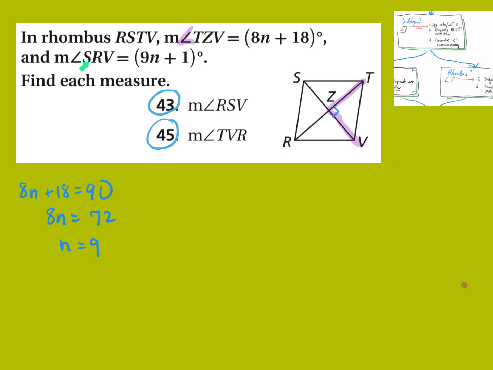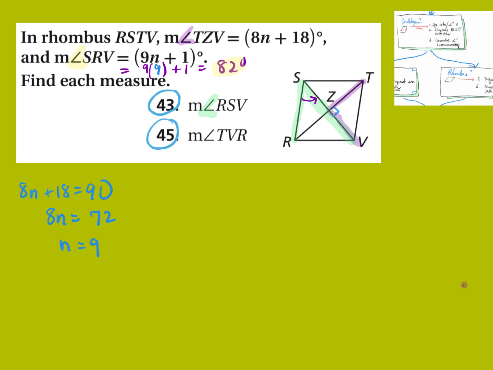We're supposed to find the measure of angle RSV, from the R to the S to the V. Well, somehow we're going to have to use the fact that n is 9, and we probably have to use the measure of SRV being 9n plus 1. Since n is 9, 9 times 9 plus 1, so that measure of angle SRV is 82 degrees.